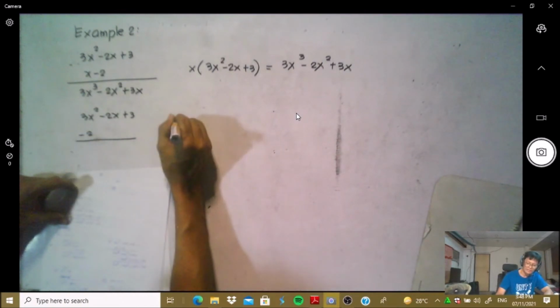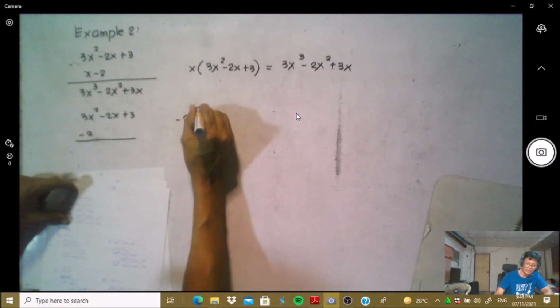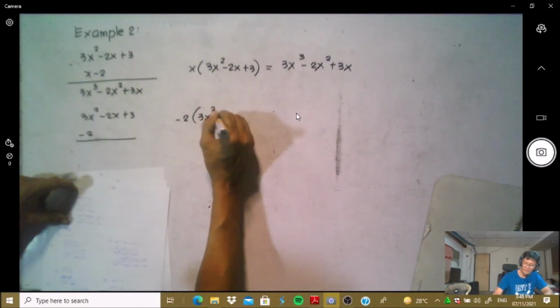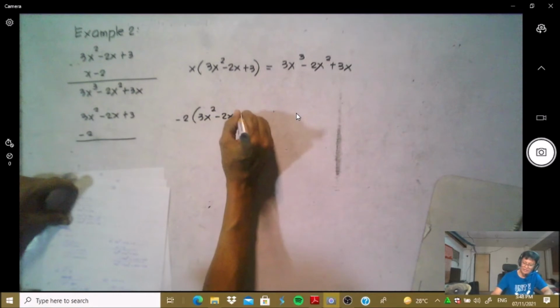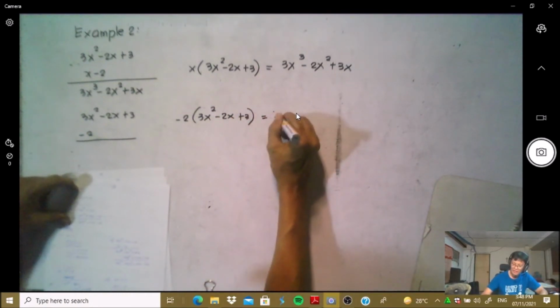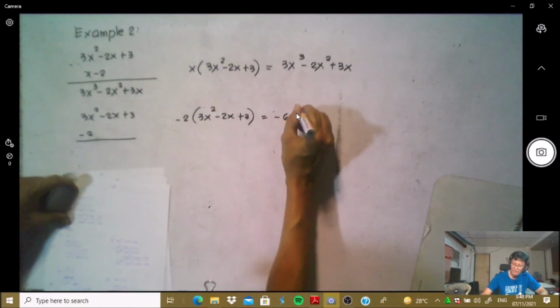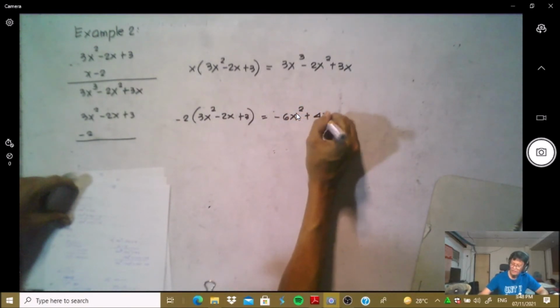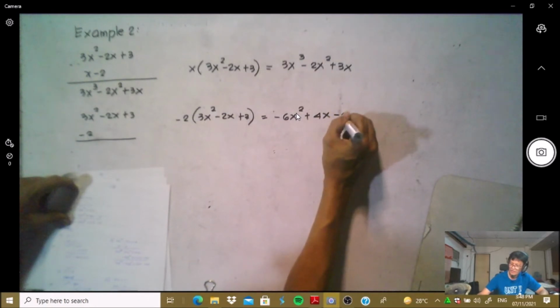So we have negative 2 multiplied by 3x squared minus 2x plus 3. And the answer will be negative 6x squared plus 4x minus 6.